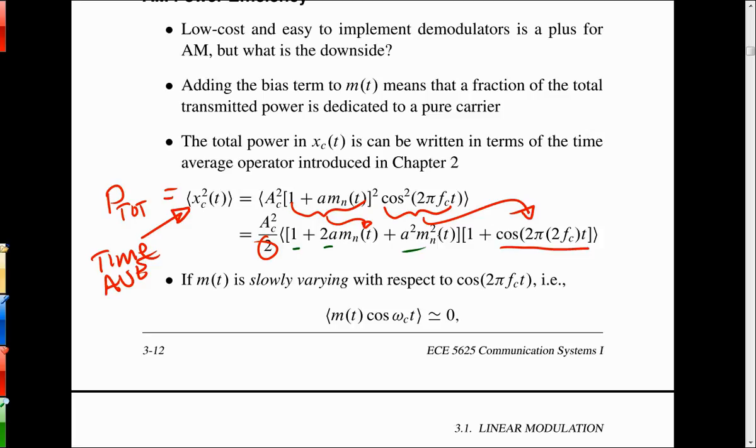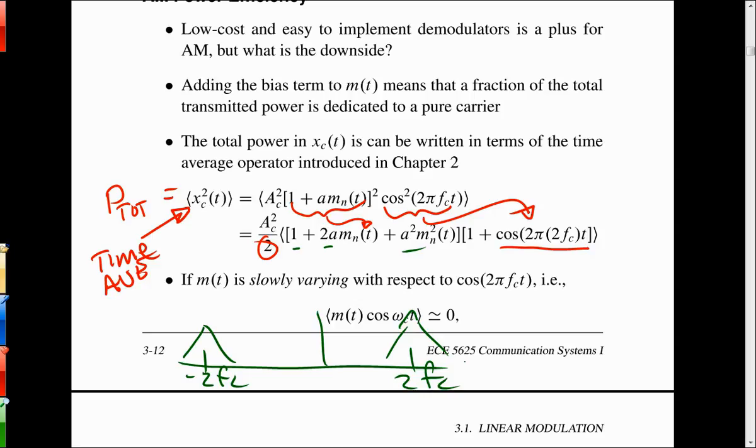So instead of being centered at baseband, they now shift up, right? High and low. As long as the message is slowly varying, this is the notation of the book, which means as long as the bandwidth of the message is narrow compared to the carrier frequency, when we're looking at what's going on in the frequency domain, suppose it's like -2 FC, and it shifts up to +2 FC.